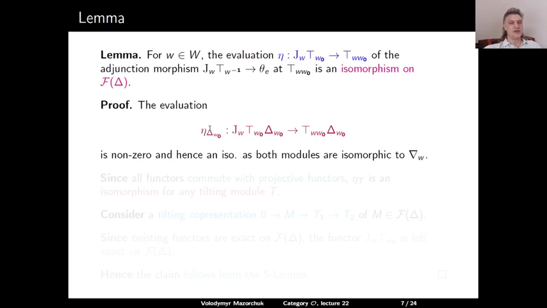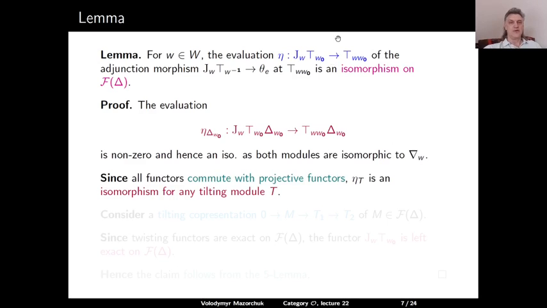First of all, we know that if we evaluate this natural transformation at the antidominant Verma module delta w0, this evaluation is clearly non-zero because delta w0 is not killed by J_w and by T_w inverse. So this evaluation is non-zero, and hence it's an isomorphism because both sides of the evaluation are isomorphic to nabla w, and this module has trivial endomorphism ring.